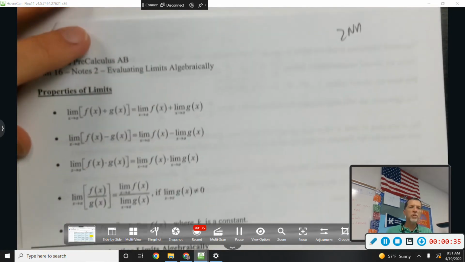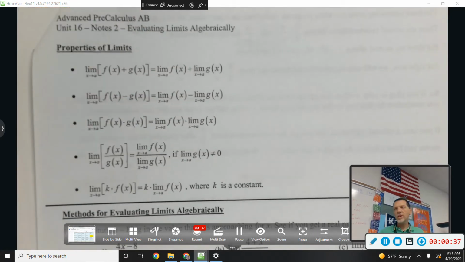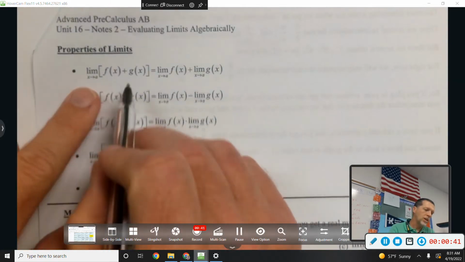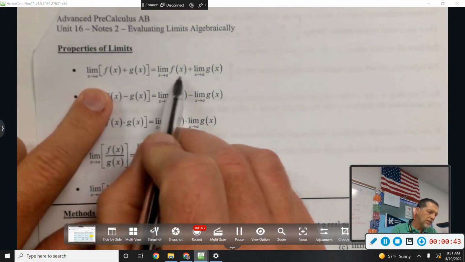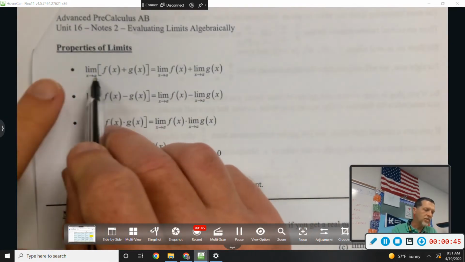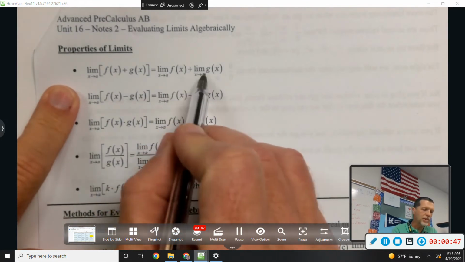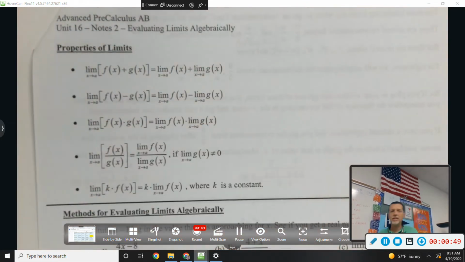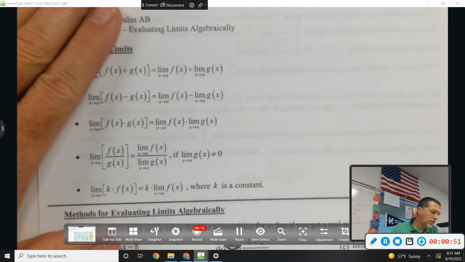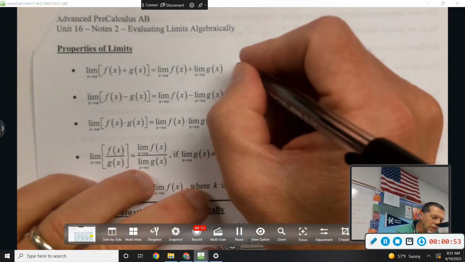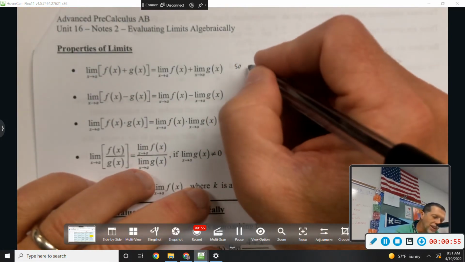All right, properties of limits. These properties work like you think they should work. This is nothing big here. You can add limits. You can add the functions and then take a limit, or you can take the limits separately and then add them back together. The fancy way to say this, I'm only going to write this for one of them, and you don't have to write it down.